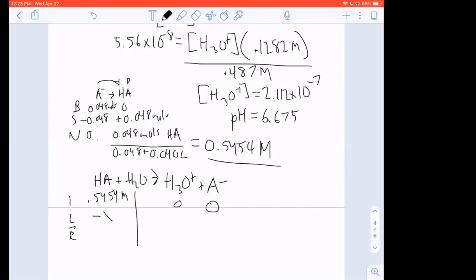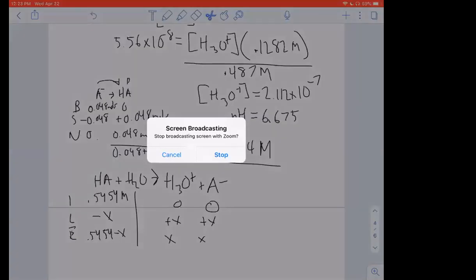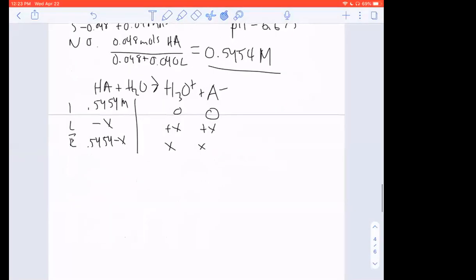So this is going to be minus X, plus X, plus X. At the equivalence point, we have 0.5454 minus X, X, and X. So all you have to do is set Ka equal to X squared over 0.5454 minus X.